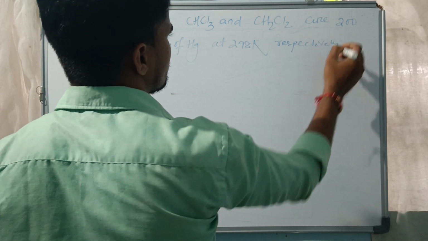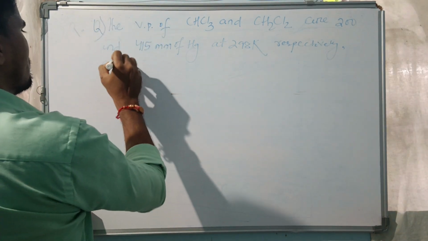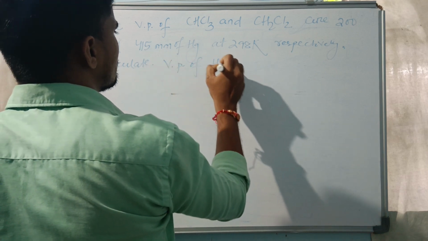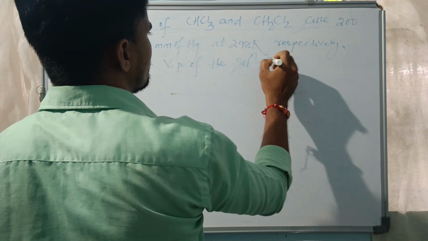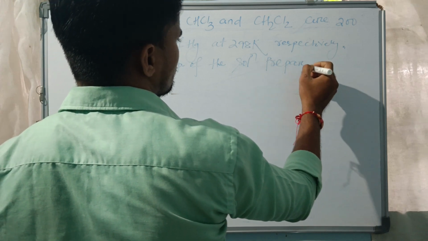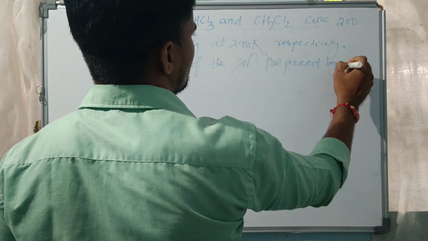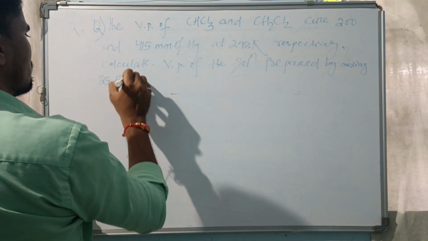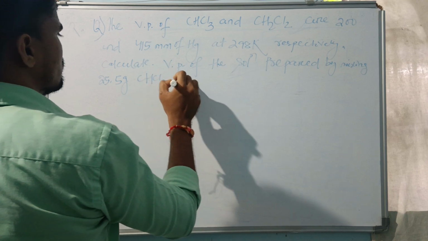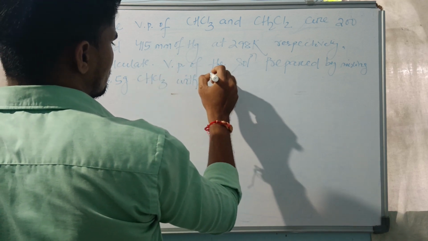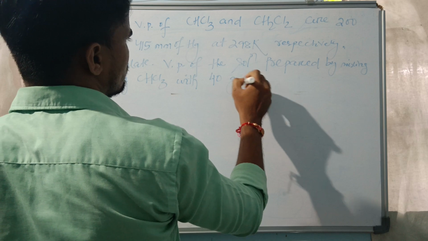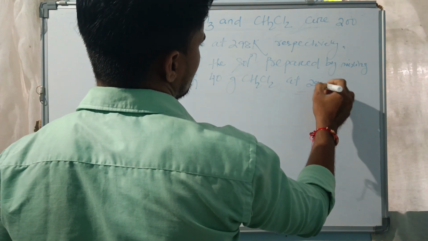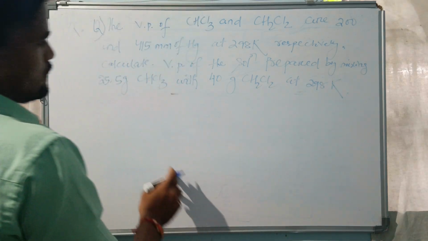Calculate the vapor pressure of the solution which is prepared by mixing 25.5 gram chloroform with 40 gram dichloromethane at 298 Kelvin. Okay.